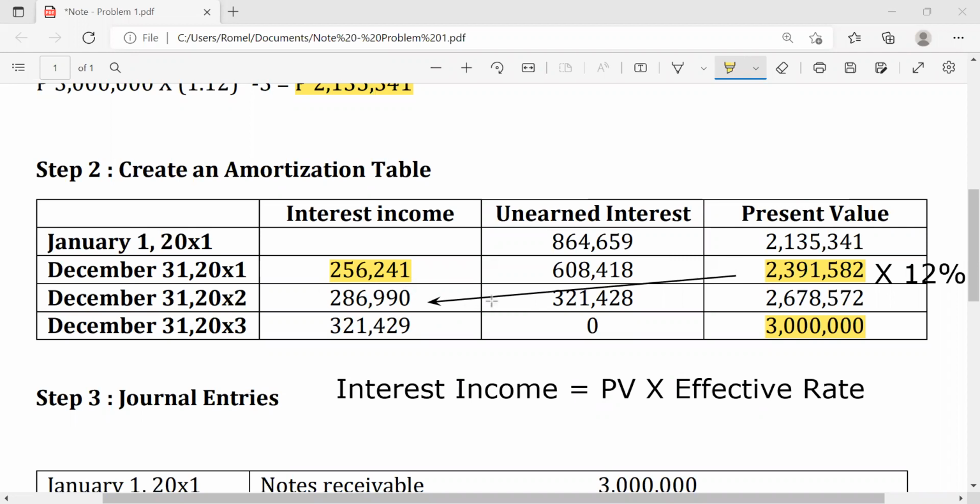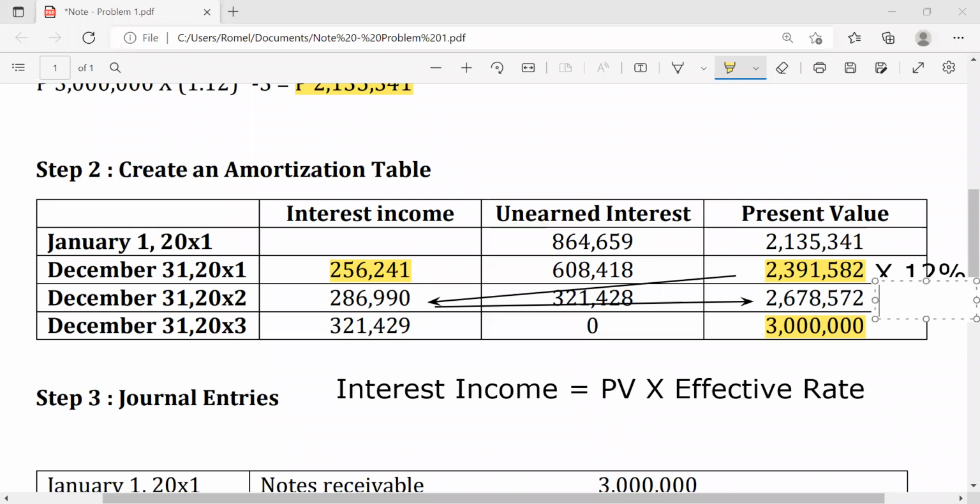The interest income will increase the present value. So that's why when we add 2,391,582 plus 286,990, the present value for December 31, 20X2 becomes 2,678,572. And then, we will do it all over again.